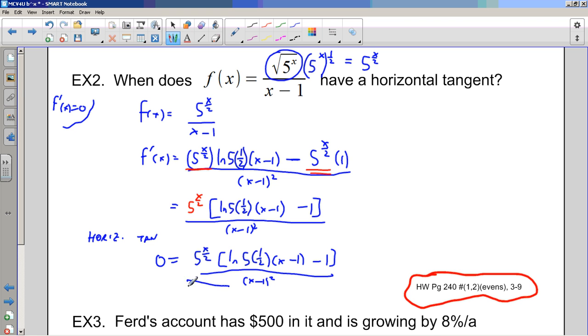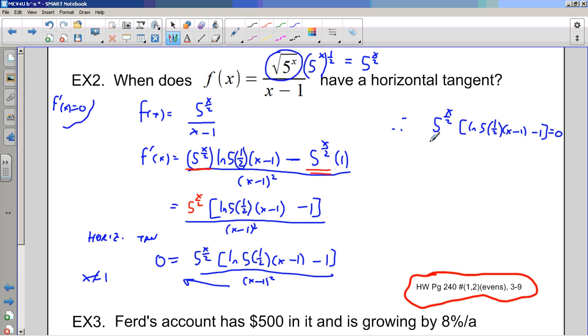Well, we know rational functions, since this is all one factor, I multiply by x minus 1, and as long as x cannot be 1, we can do that, and then I'm left with the top equal to 0. So therefore, I've got 5 to the exponent x over 2 times that bracket, big mess. I suppose I could simplify that, but I'd probably have to use my calculator, and I don't want to do that. Equals 0.